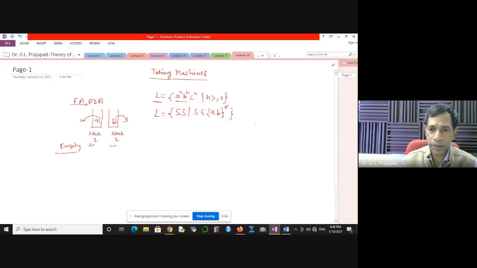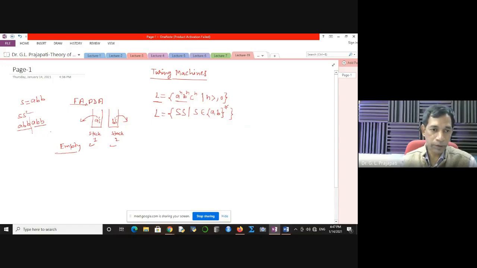If you have S = aabb, then in this language you have SS, which is aabb aabb. So you have two parts: in the first half you have the first S, and in the second half you have the second S.